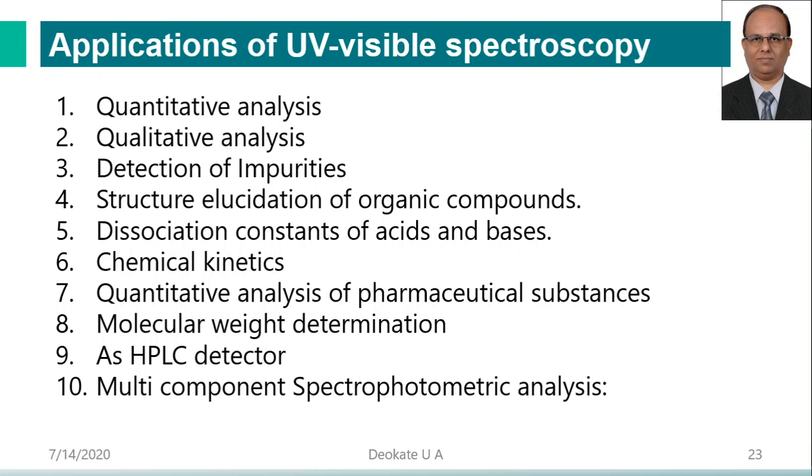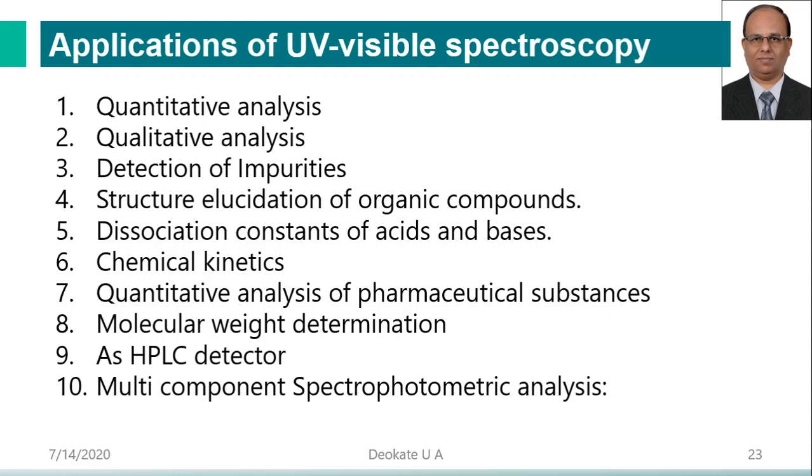One more method is the absorption ratio method to determine the concentration. Another one is the geometric correction method and orthogonal polynomial methods. So these are the various multi-component spectrophotometric methods which are used for detection of the concentration of multi-component species.